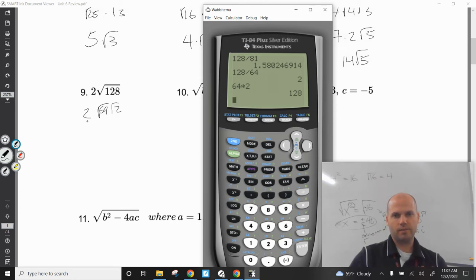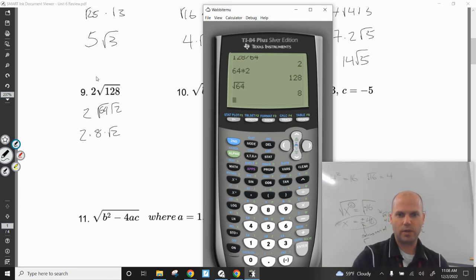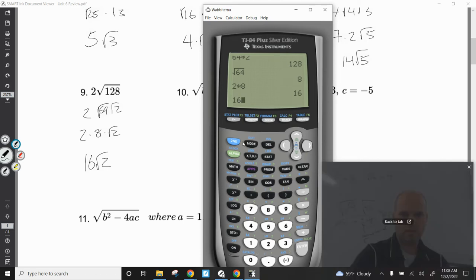This 2 is still there. The square root of 64 is just 8. So this is 2 times 8 times root 2. I can multiply 2 and 8 together, and I get 16. 16 root 2 is the same as 2 root 128.